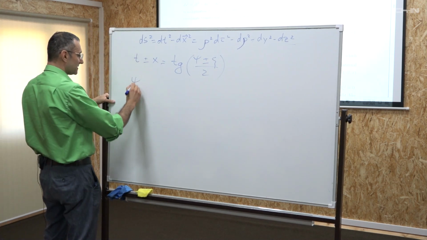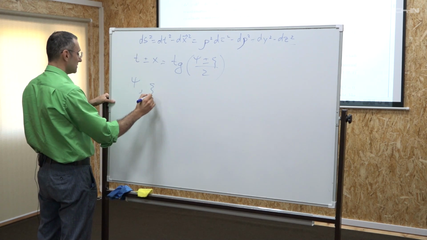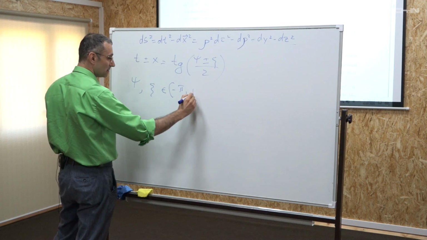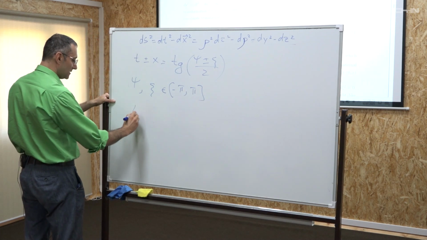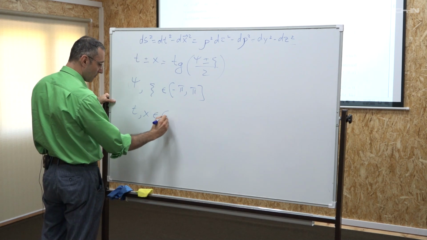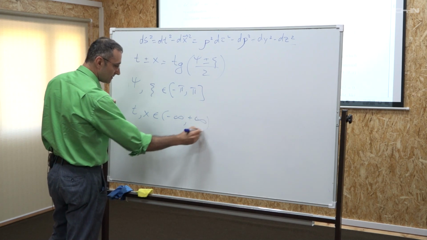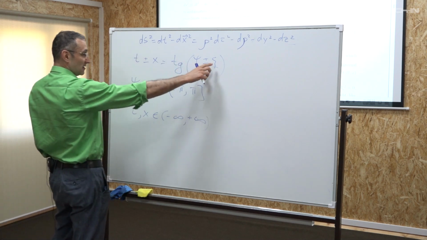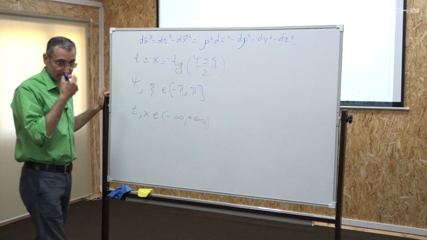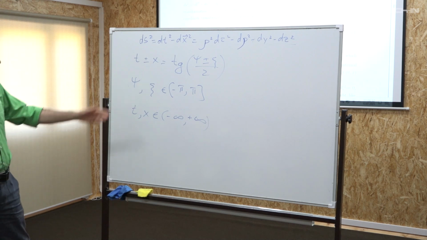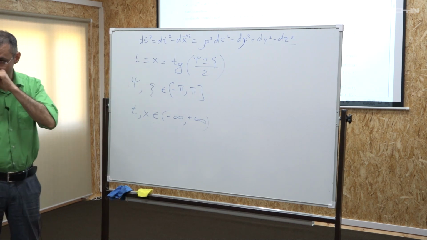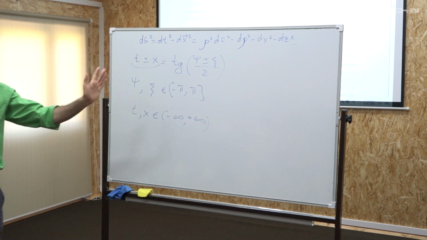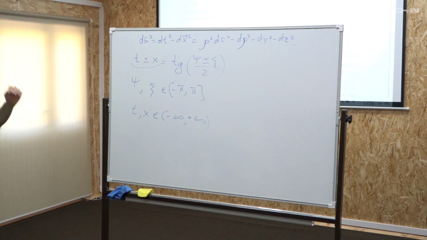And psi and xi are changing from minus pi to pi. Meanwhile, t and x are transforming from minus infinity to plus infinity. So when the argument of the tangent approaches pi over 2, it goes to infinity. You see? This way you cover the entire range of the coordinates of the original spacetime.